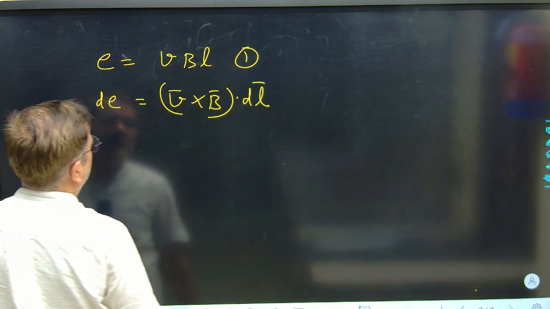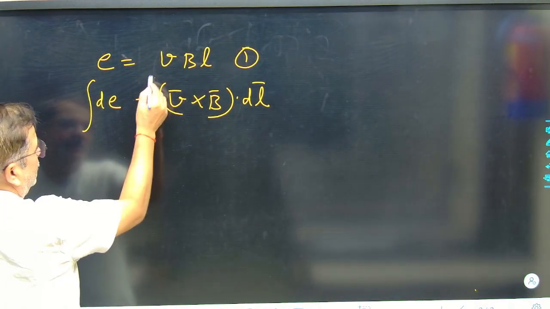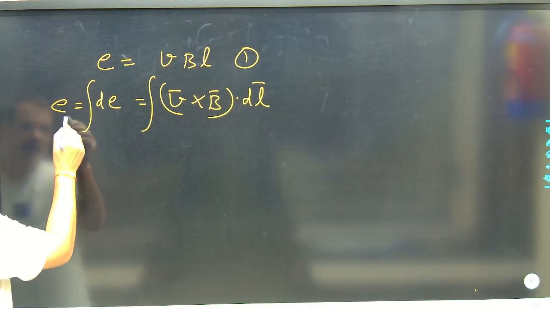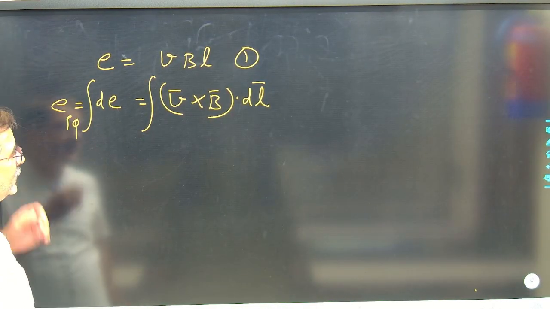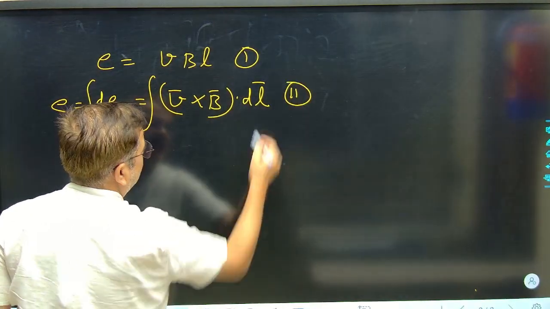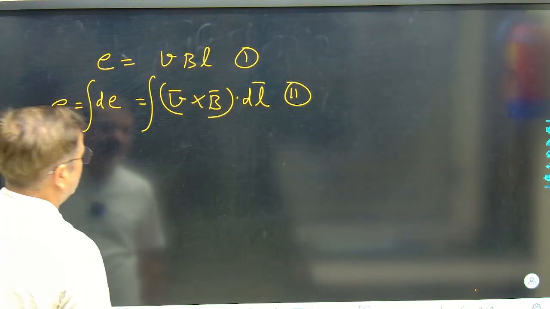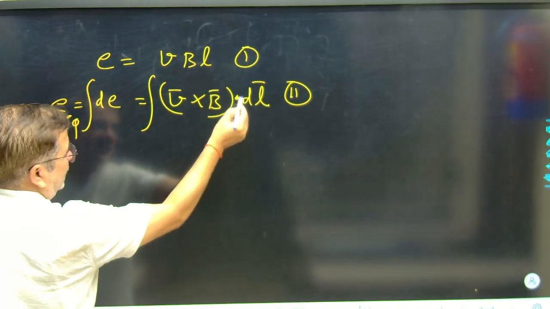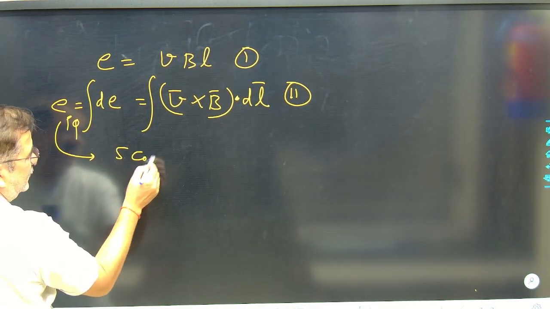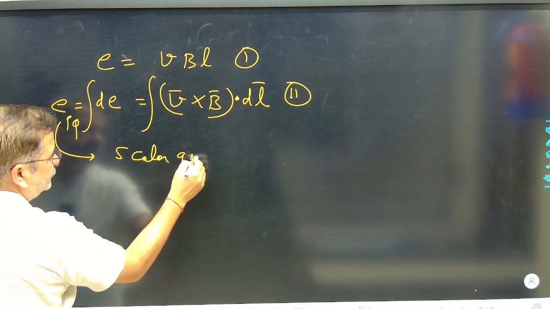And if I integrate on both sides, this will give the net EMF in the length of rod for any arrangement. This is the proper method for finding the EMF, correct? The integral of V cross B dot dL. Finally, it is the dot product, so EMF is a scalar quantity.